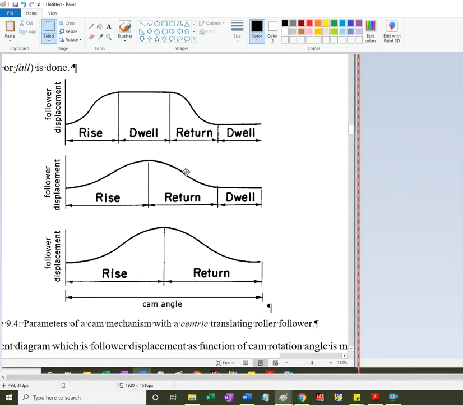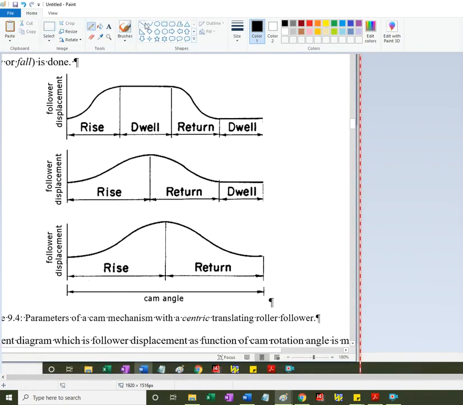So what we have is the angle theta. We said it starts at 0, and it's fine. This would be the angle beta for the lift, but for the return, this would be the beta for the return.